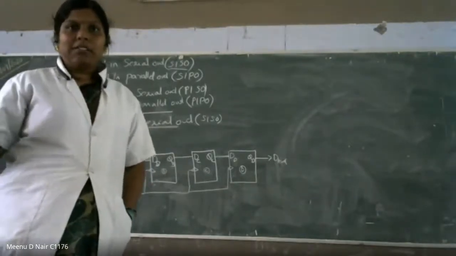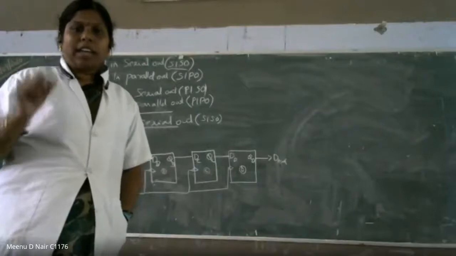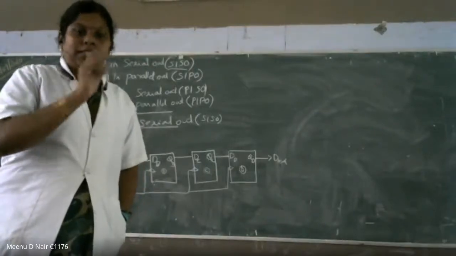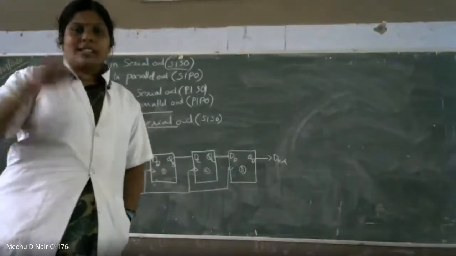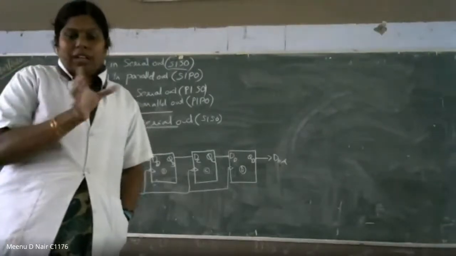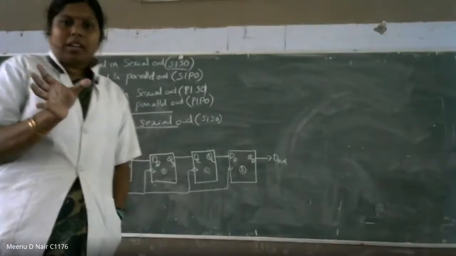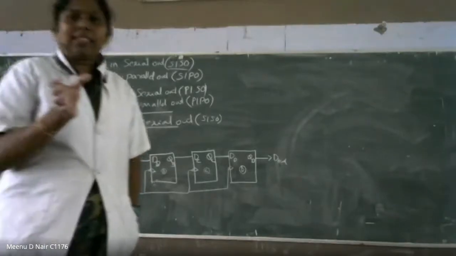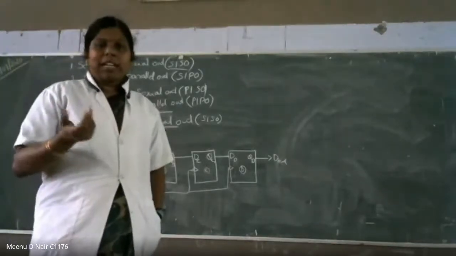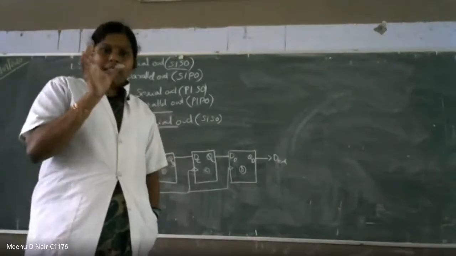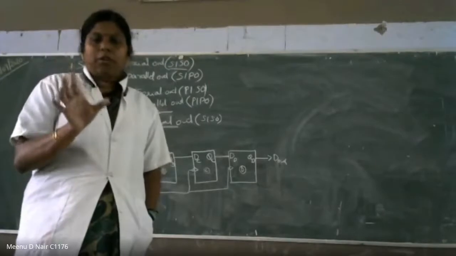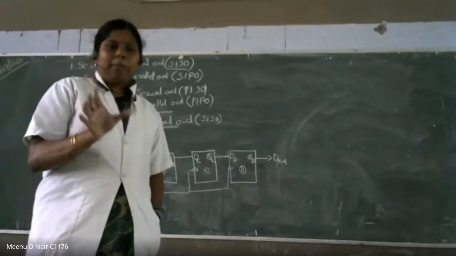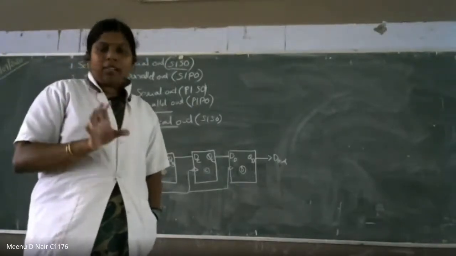But in serial communication, you transfer the data first one bit, then second bit, third bit, fourth bit. So instead of one clock pulse for 8 bits, it takes 8 clock pulses. It is only nanoseconds, not minutes, but in the serial connection you are transferring 8 bits in 8 clock pulses.